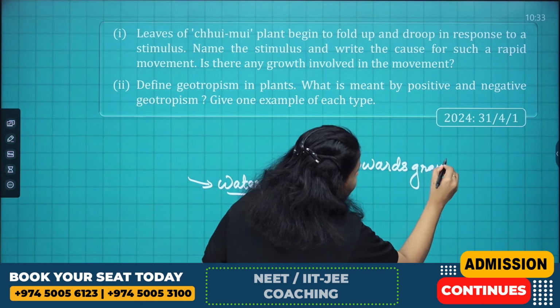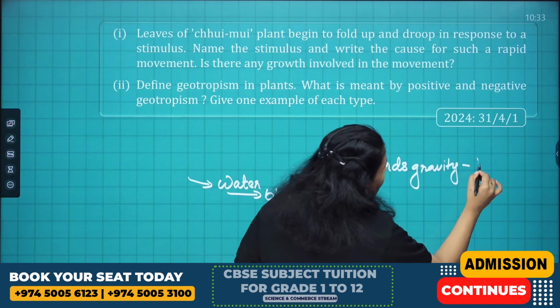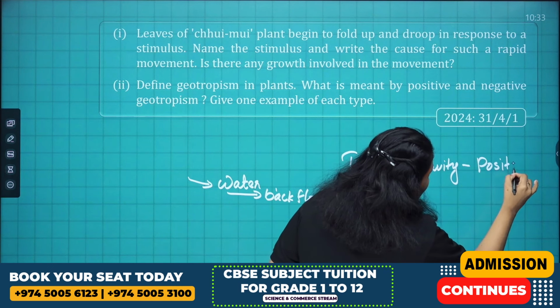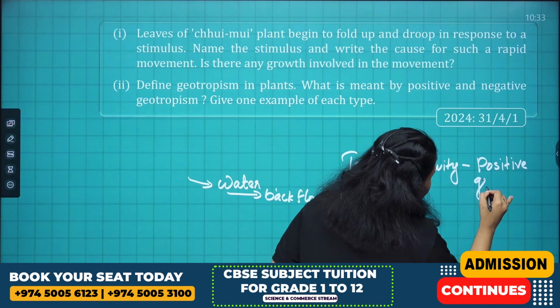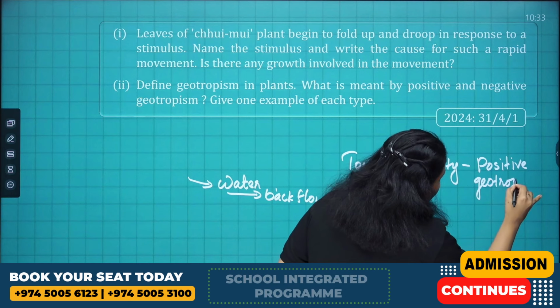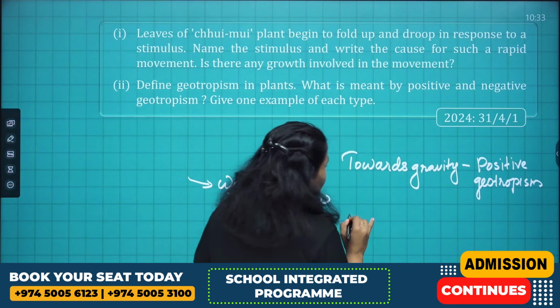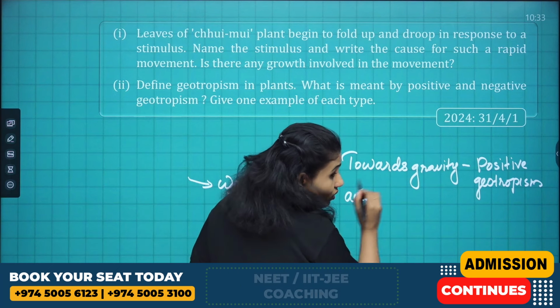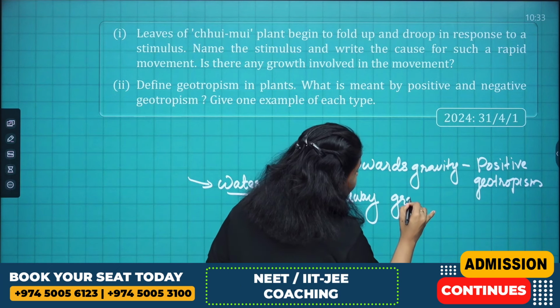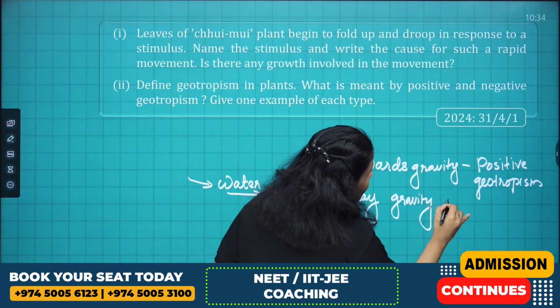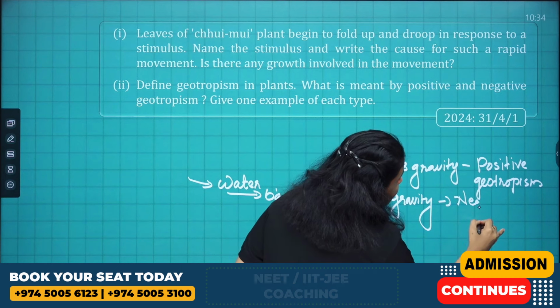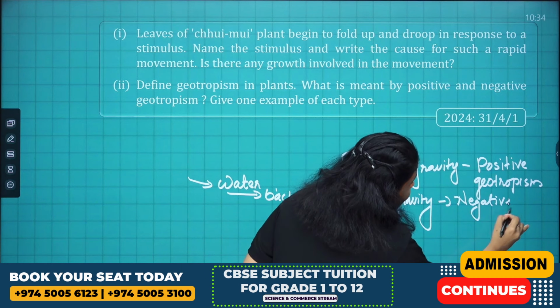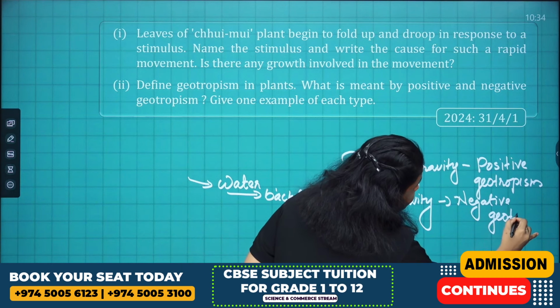Towards gravity is positive geotropism, and away from gravity, opposite, is negative geotropism.